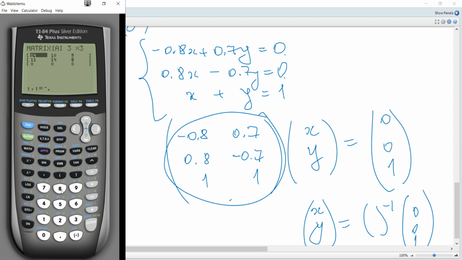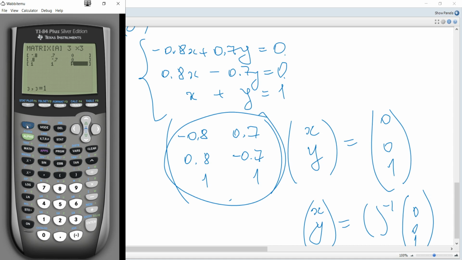Negative 0.8, 0.7, 0, and 0.8, negative 0.7, 0, and 1, 1, 1, 1, 1, 1. You can see the first column are coefficients in front of x, the second coefficients in front of y, and the third is just values, numbers.